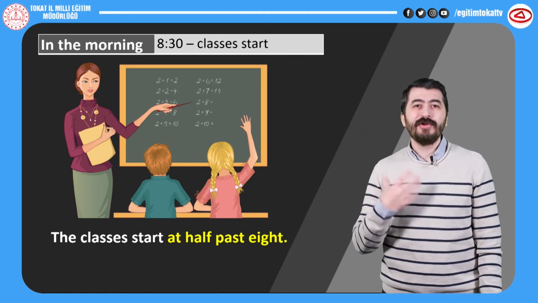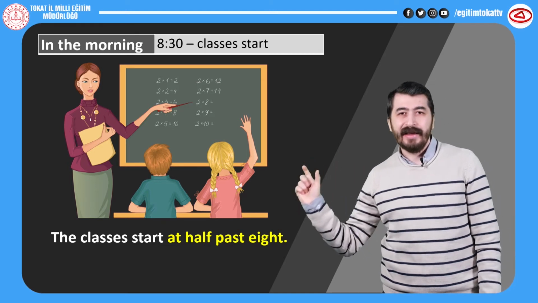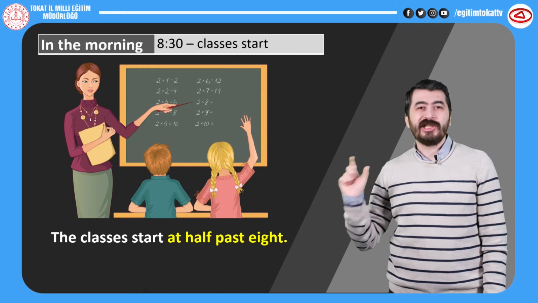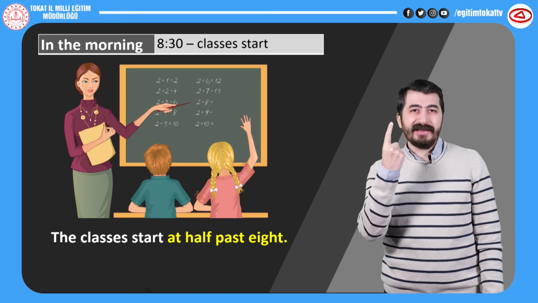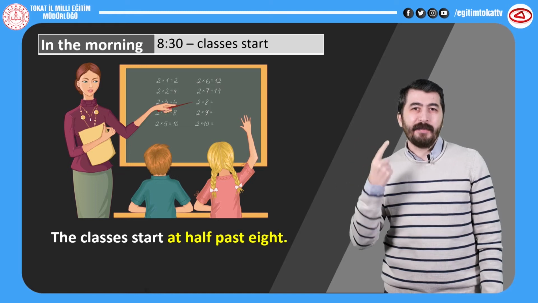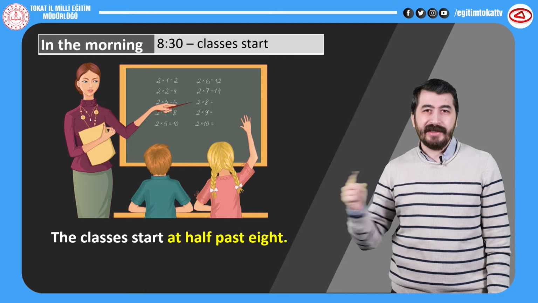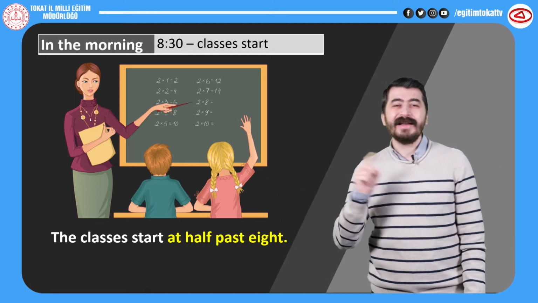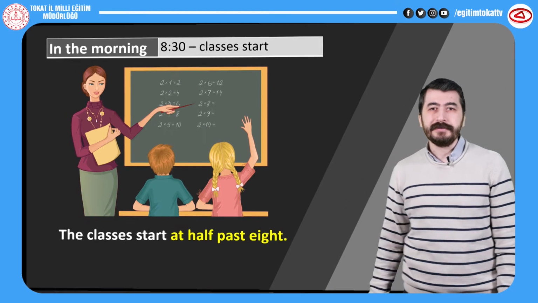Classes, plural, not singular, okay? Classes, they. It's not he, she, or it. If there is only one class, like math, starts. But here we have classes, plural, more than one.